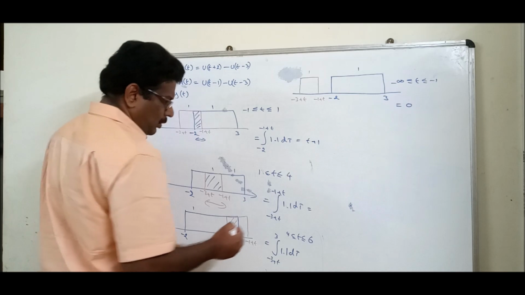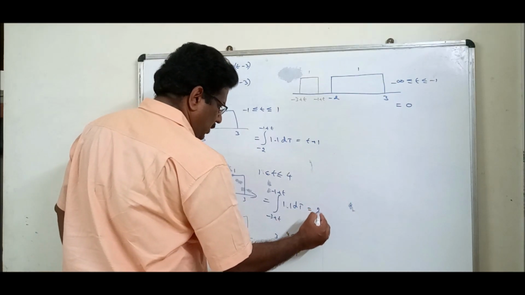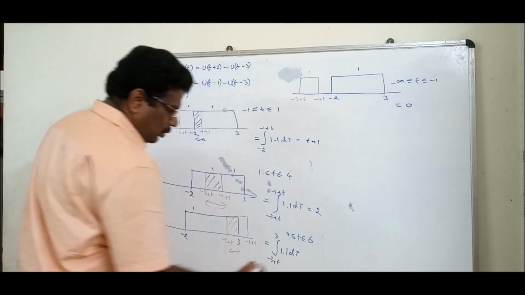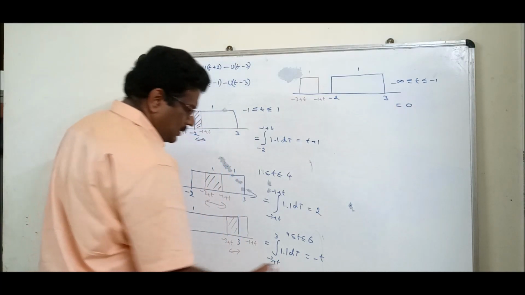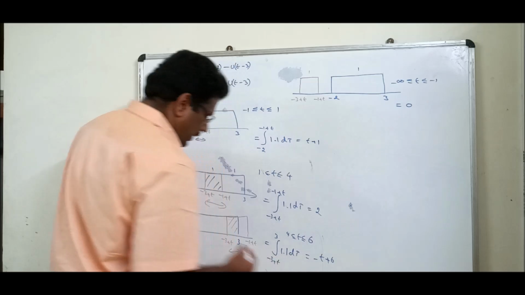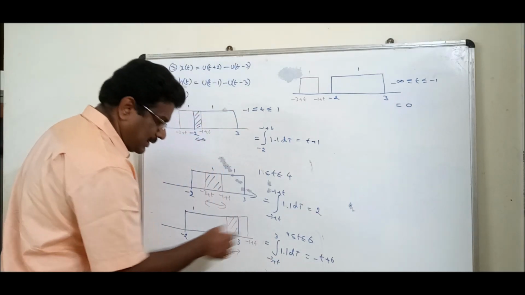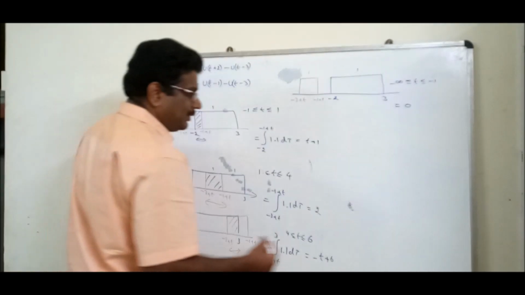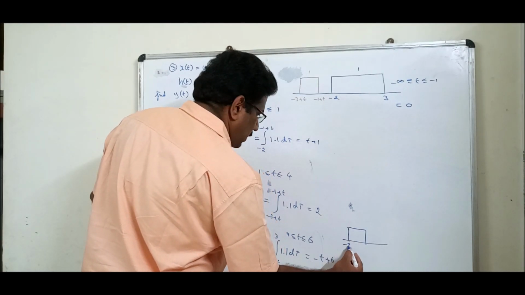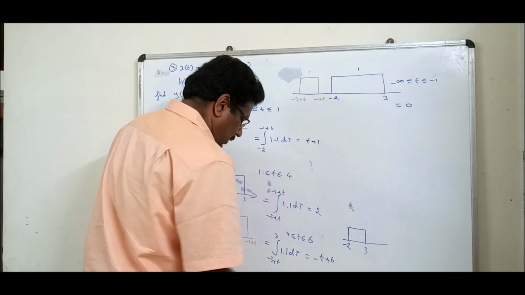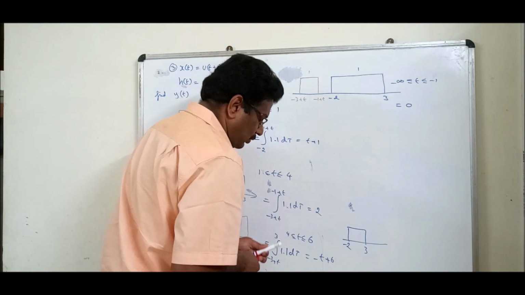Minus lower limit, minus minus 3 is 3, it is nothing but 2. And here it will be minus t plus 3, so it will be plus 6. Still the problem is not over. This red color signal has to go outside. That will result as 0. If you want, you can even make it minus 2 to 3, and the red color signal is totally going outside.